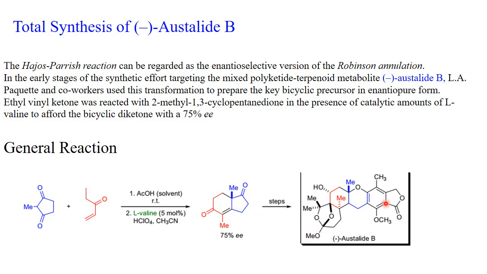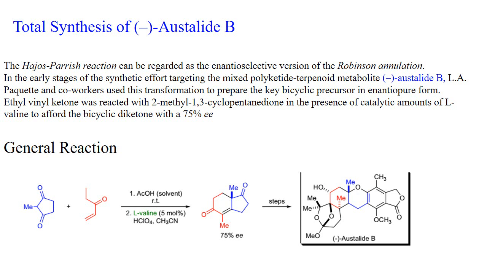It is in the presence of a catalytic amount of L-valine, and the solvent is acetic acid. HClO4 and CH3CN are also used in a small quantity. As a result of the reaction of ethyl vinyl ketone with 2-methyl-1,3-cyclopentadiene, we get this cyclic intermediate, and we can say it's a Robinson annulation reaction product.